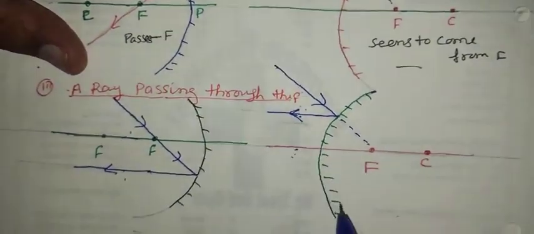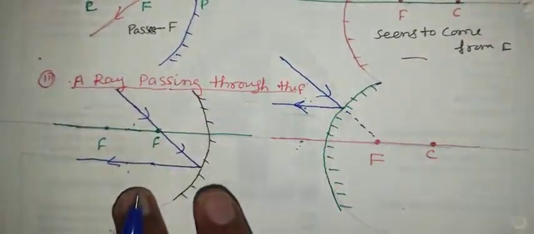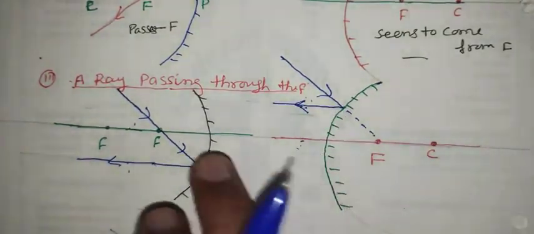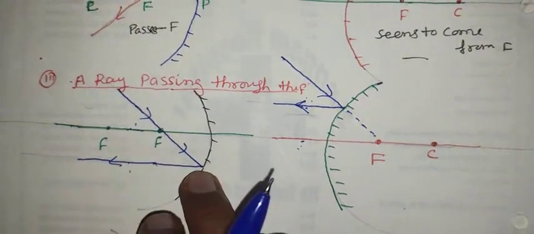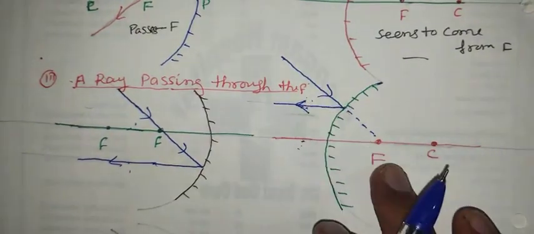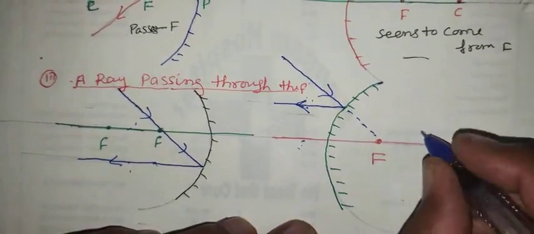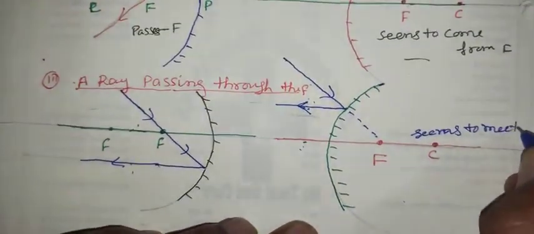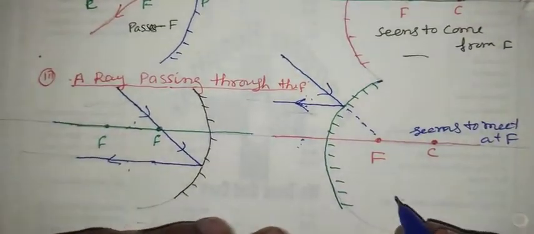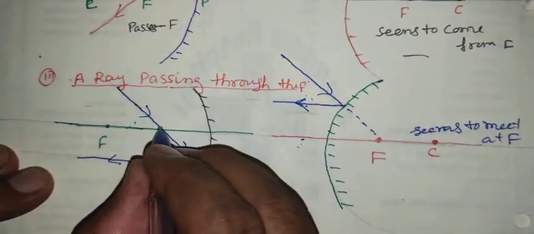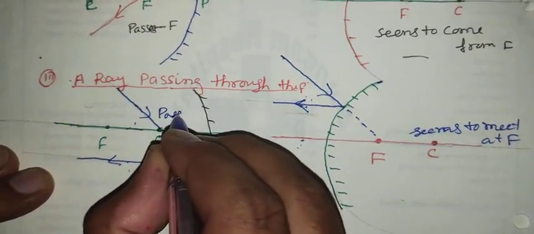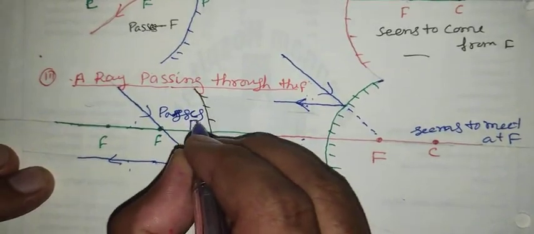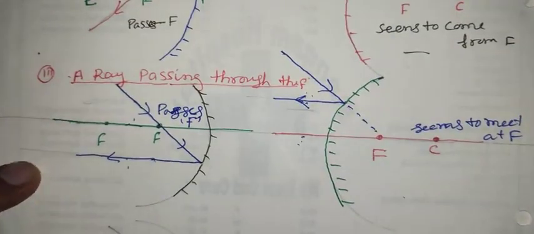Both become parallel; see in the diagram. Here it is really parallel, here also really parallel, but the incident ray here passes through F and here it seems to meet at F, virtually.